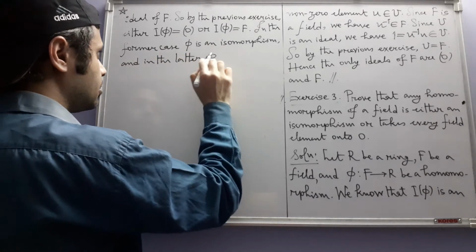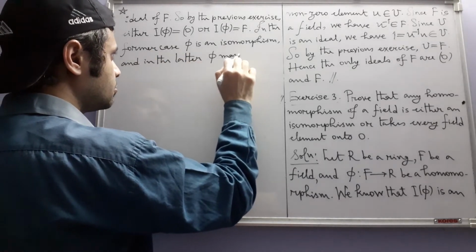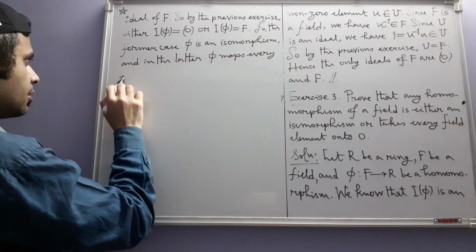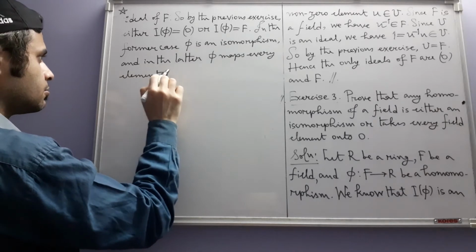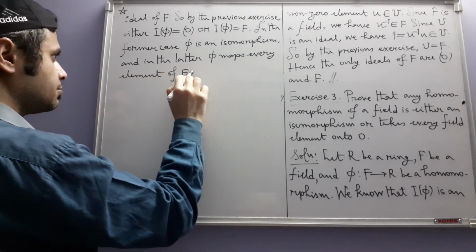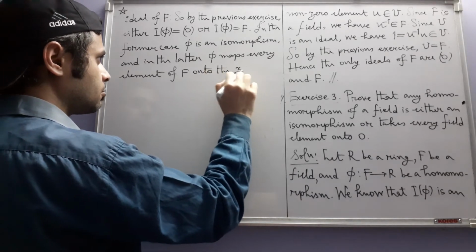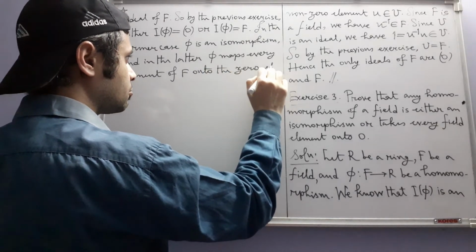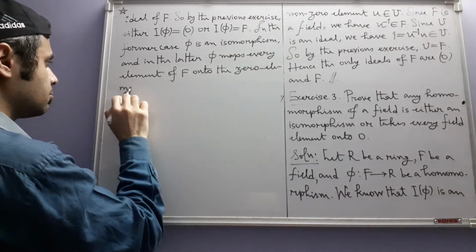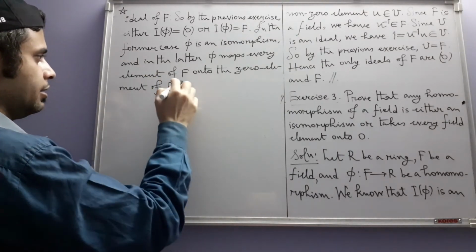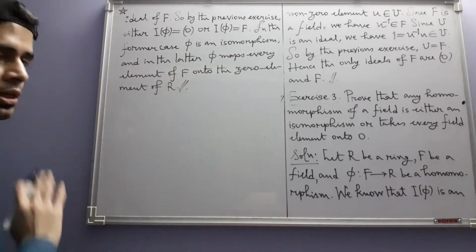And in the latter, phi maps every element of F onto the zero element of R, and that's what we had to show.